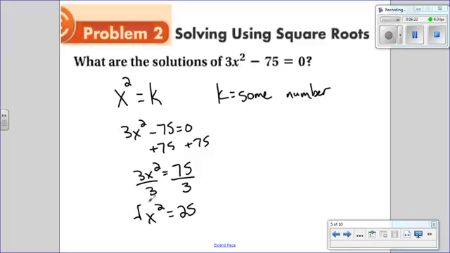And to figure that out, you take the square root. And the square root of x squared is x. And the square root of 25 is both plus and minus 5. We have to keep that in mind. A lot of times we just say the square root of 25 is 5. But technically, it's also negative 5, because if you took negative 5 squared, you would get 25.